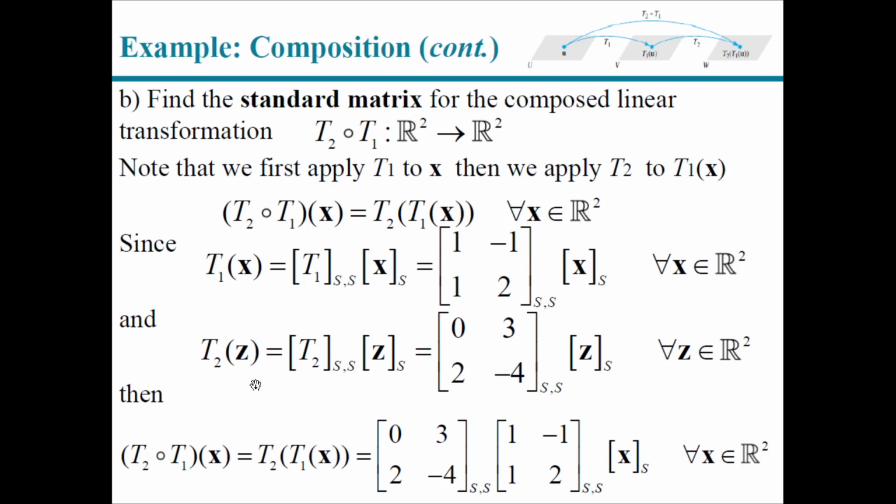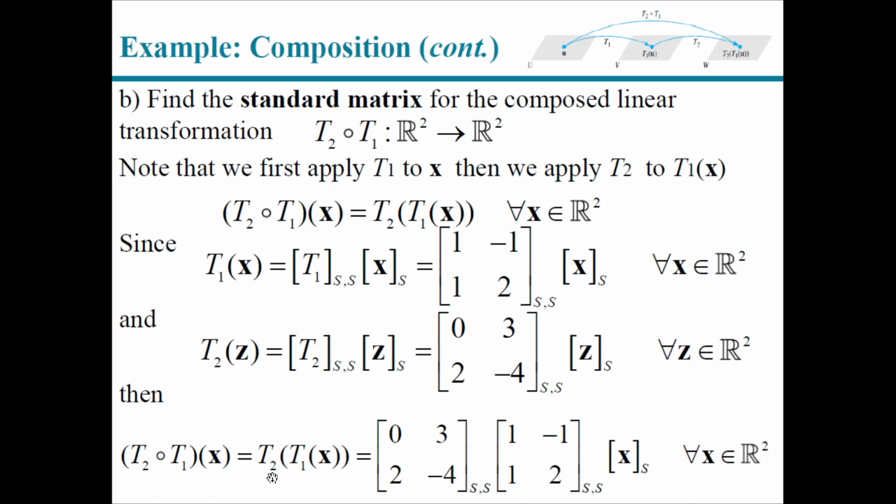And for T2, similarly, applied to z in this case, we multiply the standard matrix associated with T2 with the coordinates of vector z in standard basis. So if we follow this logic here, we apply T1 to x, so we multiply these two.